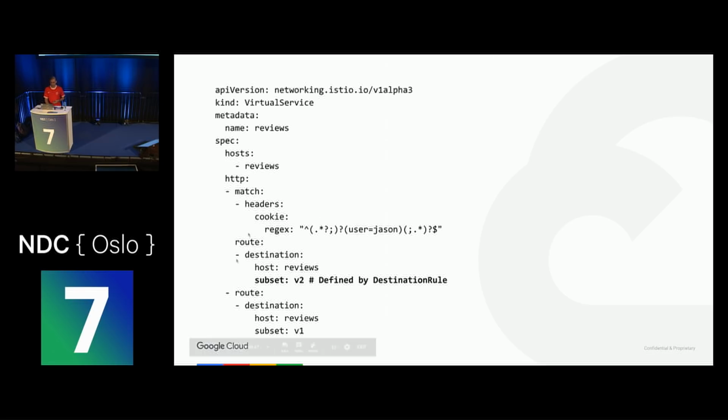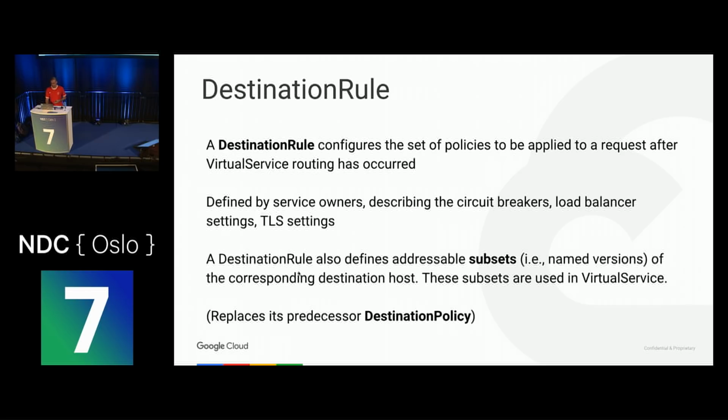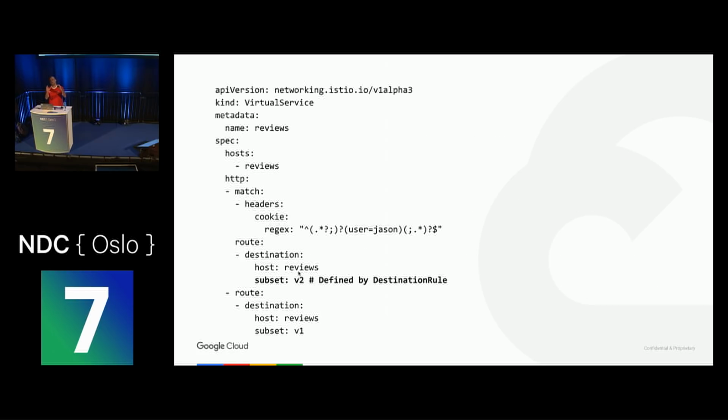And then if you have different kinds of rules, like for example, if you want to define what I defined with the HTTP headers with user JSON, you can define a rule for that, and that will point to a destination rule. And that will say destination version 2. So you define the rule here, and then you define the destination in a destination rule. So that's how things work. So V2 will be defined in a destination rule. So you can think of virtual service as like an aggregation for all the destination rules that you have.